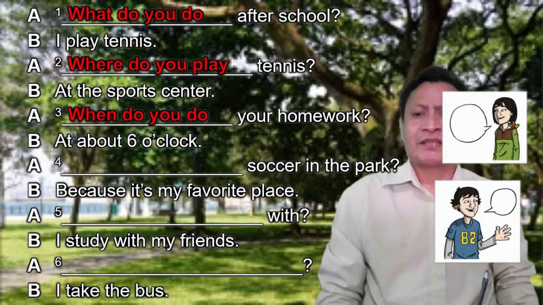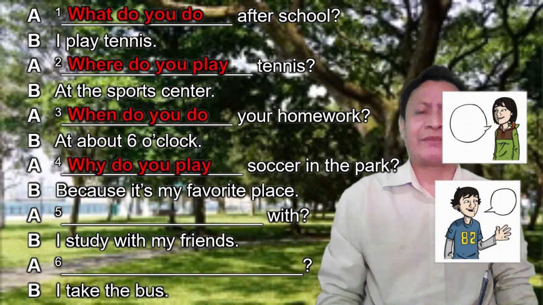Number 4, because it's my favorite place. Because. What do you think? Very good. Why. We are always going to answer because when we have the question why. Always. If you have why, the answer is because. Very good. Why do you play soccer in the park? Number 5.